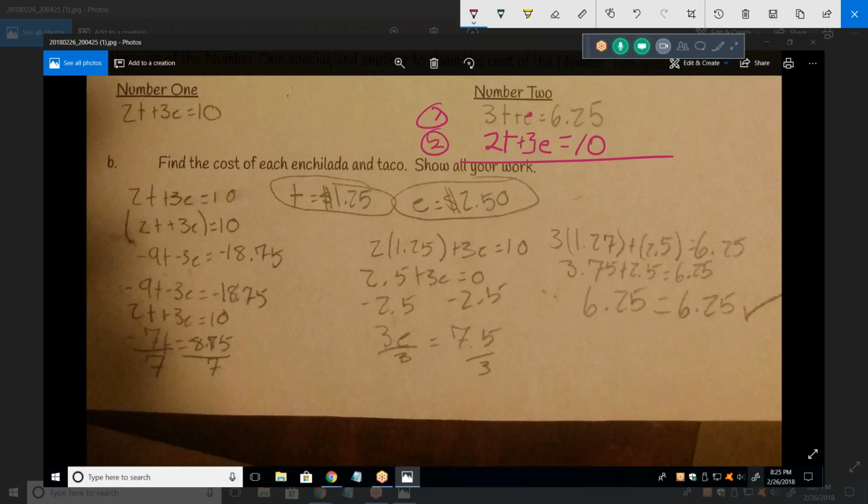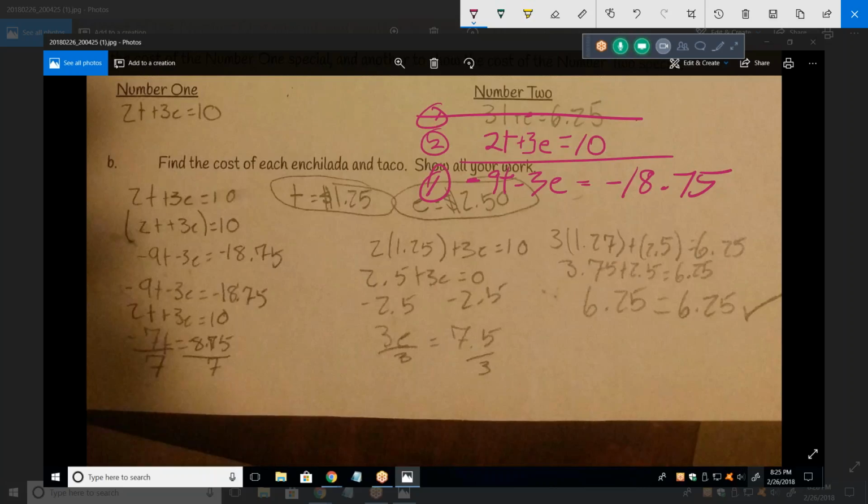By -3, exactly. Okay, so down here, I'm going to rewrite equation 1 as minus 9t minus 3e equals negative 18.75. That's my new equation 1. Sorry, I didn't mean to confuse you by swapping these two, but it's useful to know that you can always do that. It doesn't hurt anything.